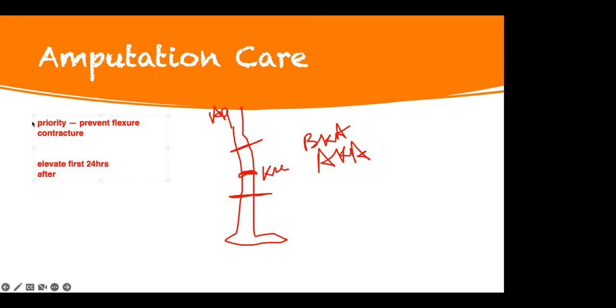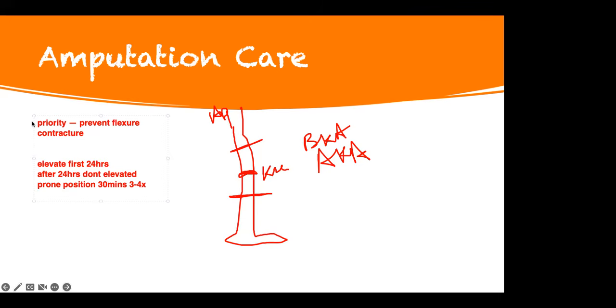After 24 hours, don't elevate it anymore. Then you put them in the prone position, 30 minutes, 3 or 4 times a day. Key fact: don't elevate it more than 24 hours. Then prone position, 3 to 4 times a day.